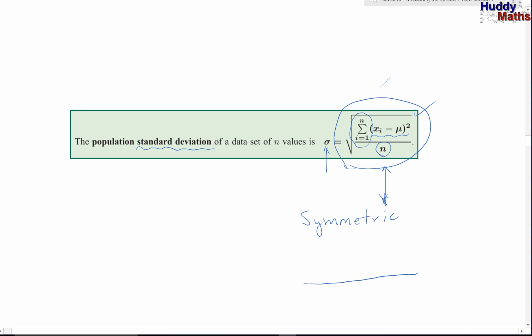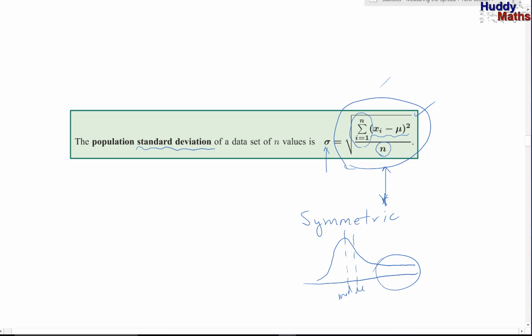Just see if you can think why that might be the case. Let's say this is highly positively skewed, all this up here. Our mean is going to be off the median, isn't it, because of the effect of those scores. So the mean's going to be there. The median is going to be back here.